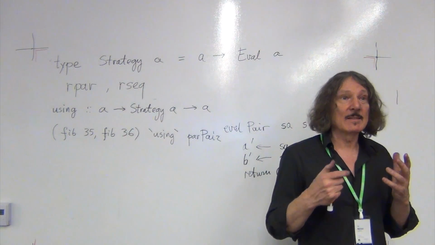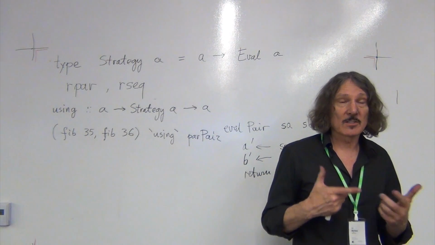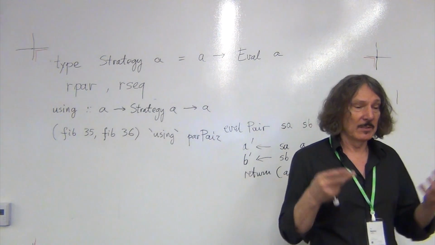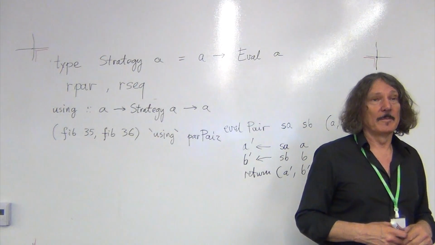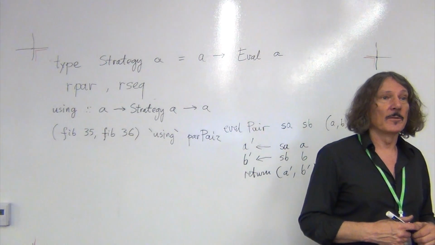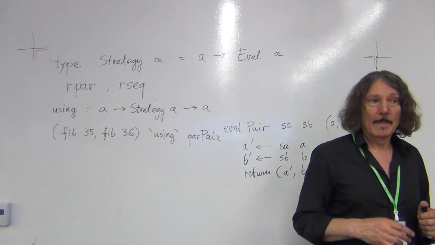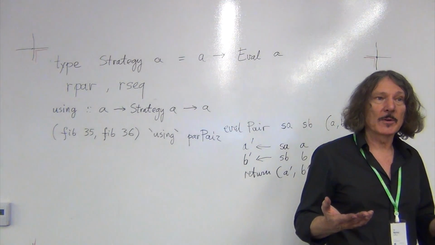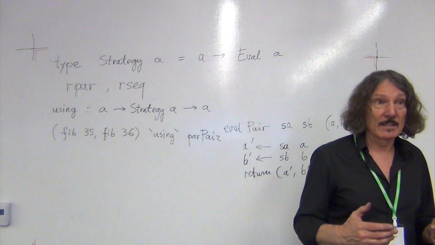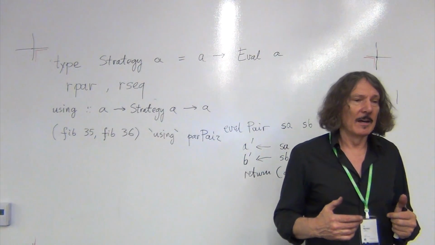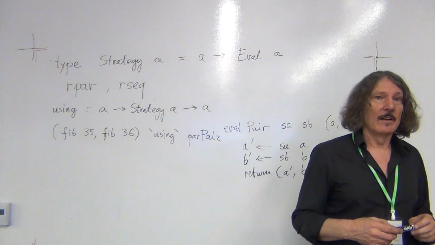This is the SIMD model, single instruction, multiple data. And you can run this in parallel. And finally, there is a library for doing parallel programming on GPUs, which are definitely SIMD. And it's called Accelerate.